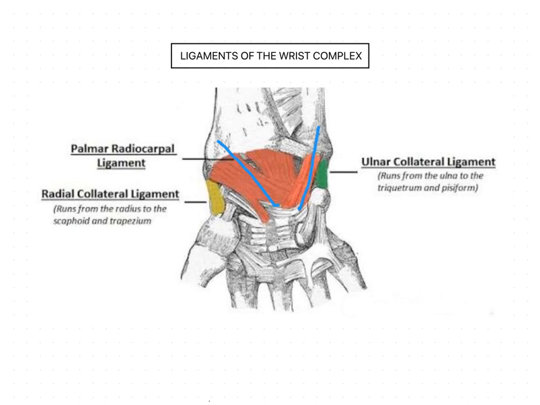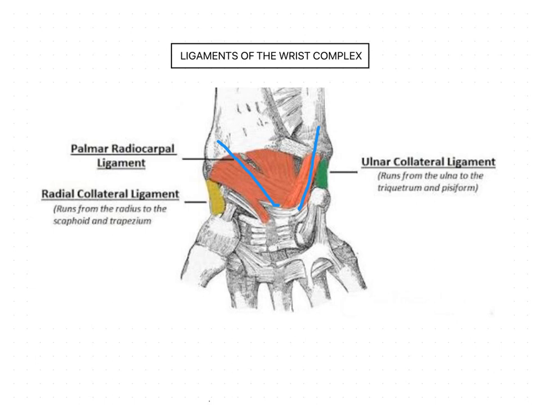In the same way, the dorsal side also has a radiocarpal ligament which is almost the same as the palmar radiocarpal ligament. It also has a lateral ligament and a medial ligament of this wrist joint.